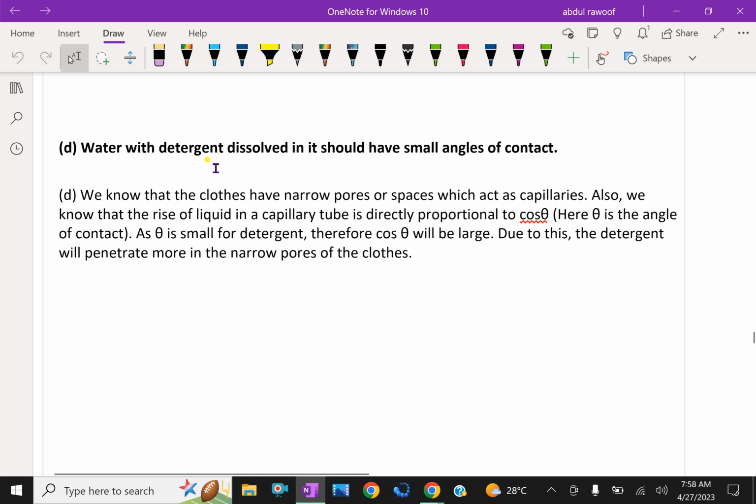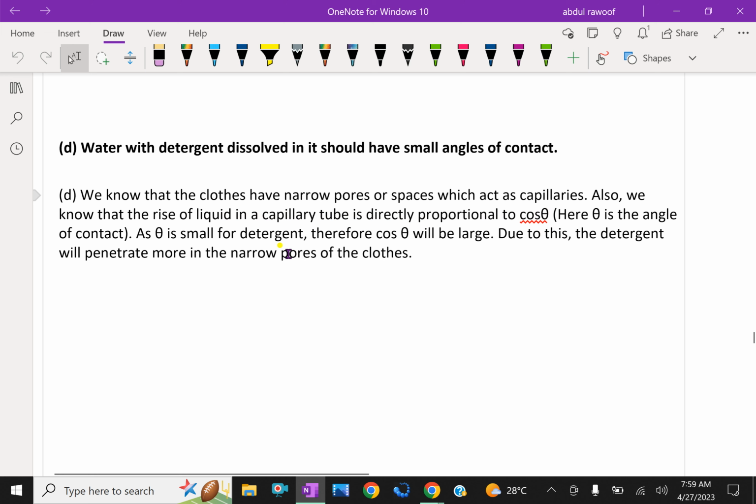Water with detergent dissolved in it should have small angles of contact. Why? We know that clothes have narrow pores or spaces which act as capillaries, small capillary tubes. Also, we know that the rise of liquid in a capillary tube is directly proportional to cos theta, where theta is the angle of contact.